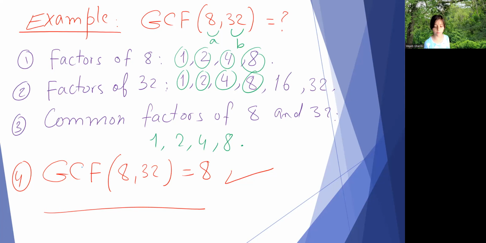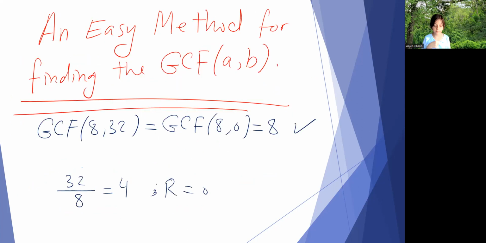Then we find the common factors of 8 and 32, which are 1, 2, 4, and 8. The last step: the GCF of 8 and 32 equals 8, the largest or biggest common factor.